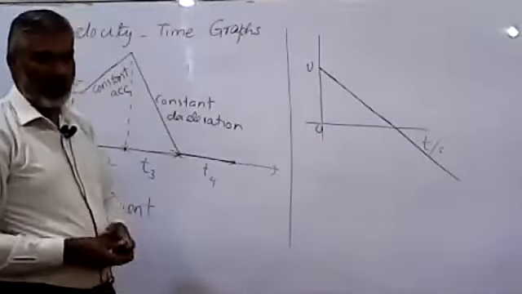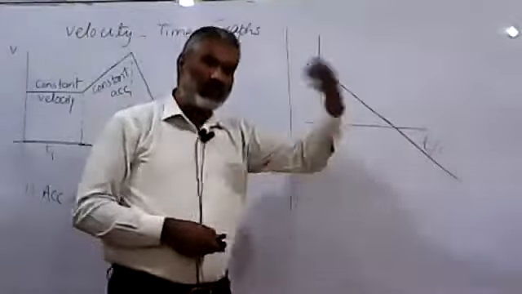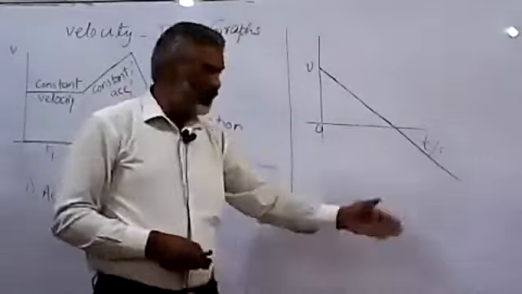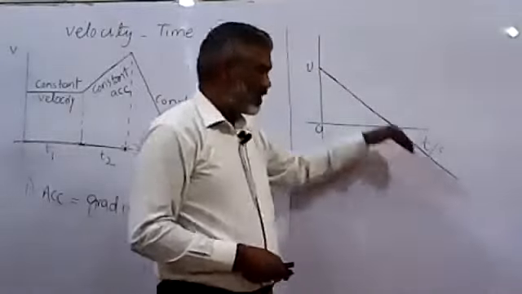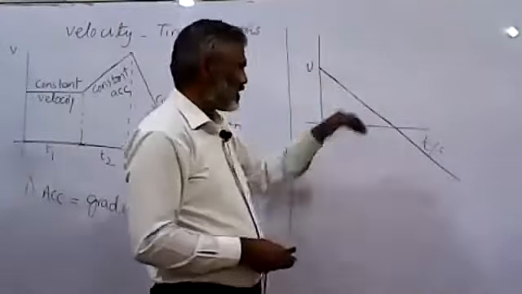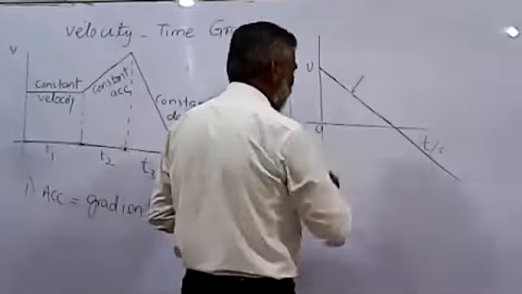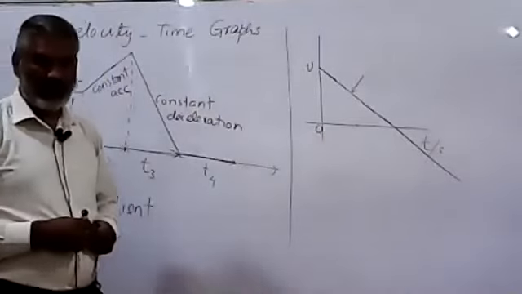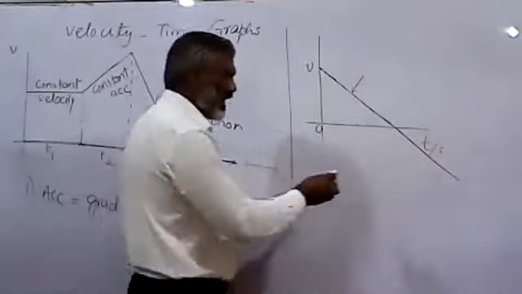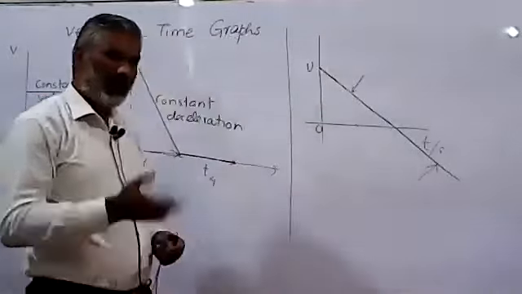That means the object, after coming to rest here, changes its direction and then continues with the same acceleration, because this is the same gradient as this. While this is the change in velocity where the object is moving in one particular direction, this is the same rate of change of velocity, but the object is moving in the opposite direction.